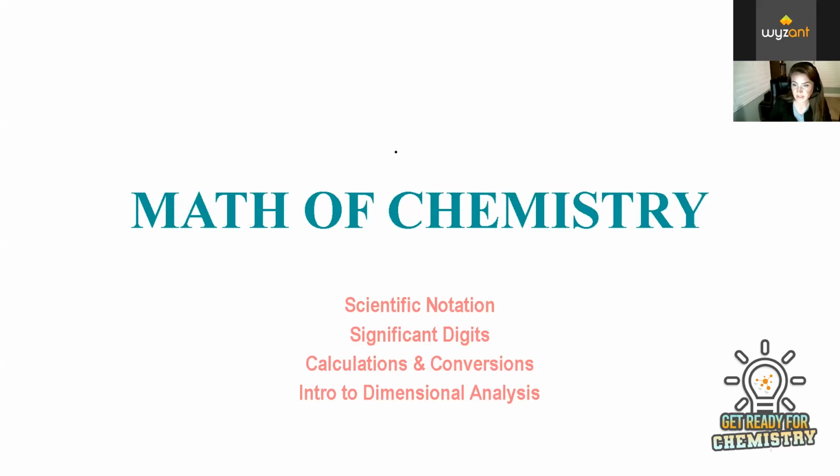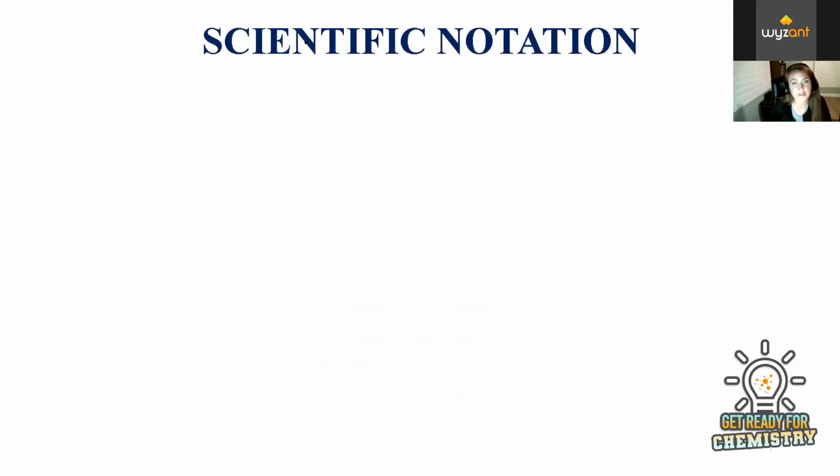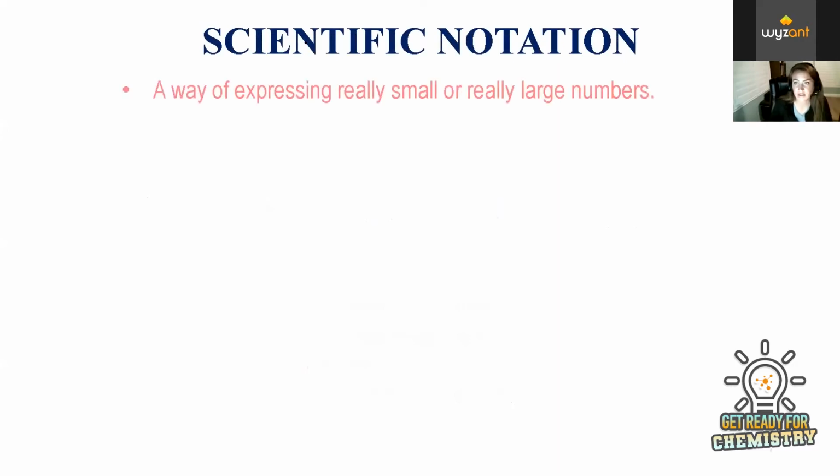All right, so we're gonna get started. The first thing I like to get into is scientific notation. You've probably seen this before in your math classes. This is when you use the notation times 10 to the something. We use scientific notation as a way of expressing really small or really large numbers.